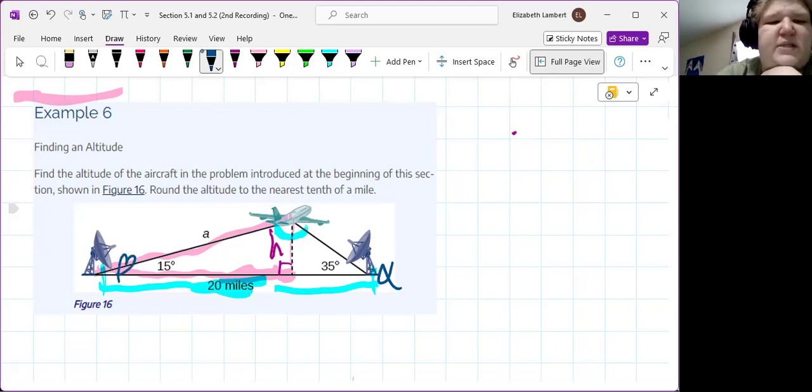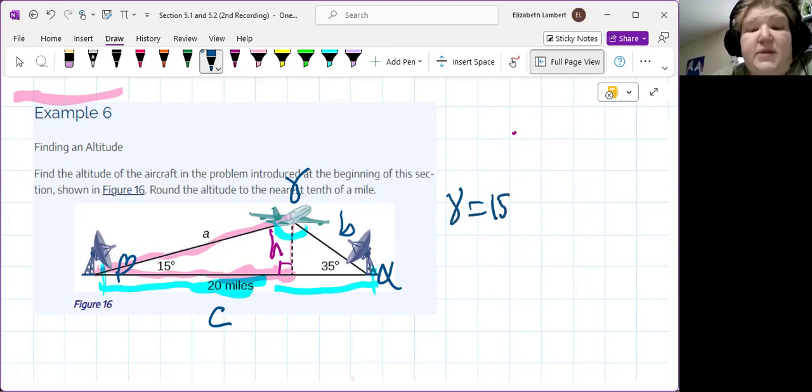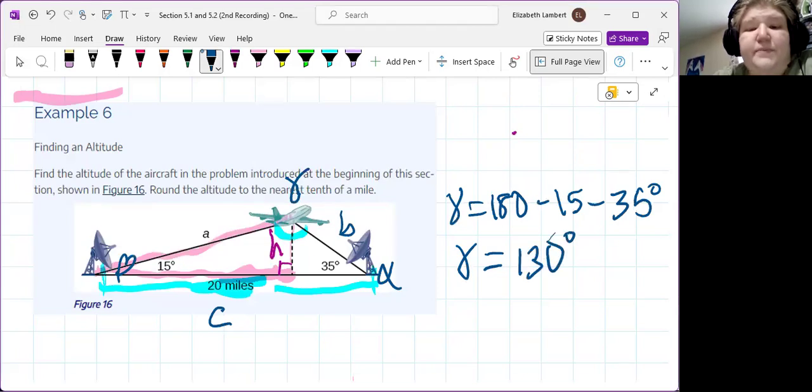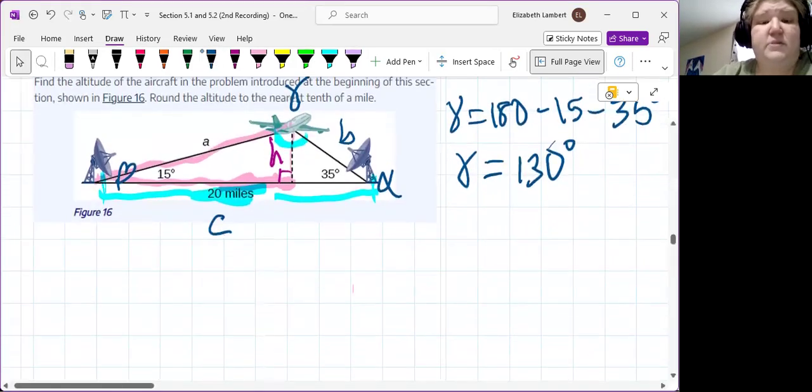I'll go ahead and call this one beta, which makes that B, and then we'll call this C, and this one up here is gamma. I've got two of the three, so I can find the third angle. So gamma is 180 minus 15 minus 35. So gamma is 130. So 130 goes with 20 miles.